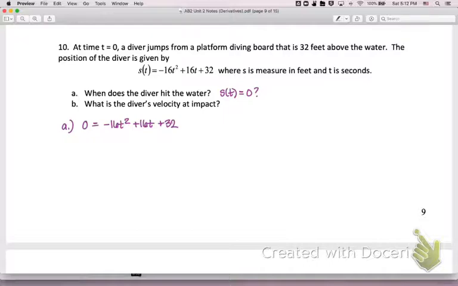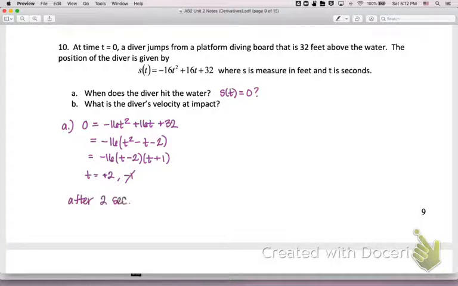This is definitely factorable. You can probably figure this one out. Go ahead and pause and give yourself a minute to practice your factoring. You should get two solutions, t equals positive 2 or negative 1. Since we're talking about time, we're not going backwards in time.